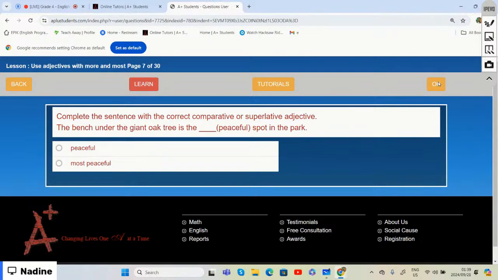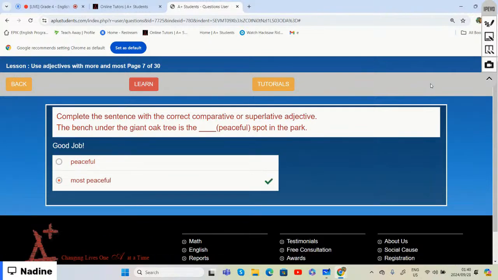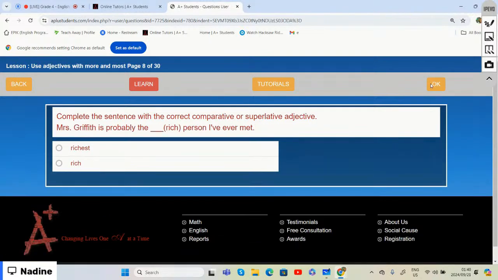Option one or option two? And if we were to choose the correct one, we would say the bench under the giant oak tree is the most peaceful spot in the park. So well done. Most is correct. Option two is correct.